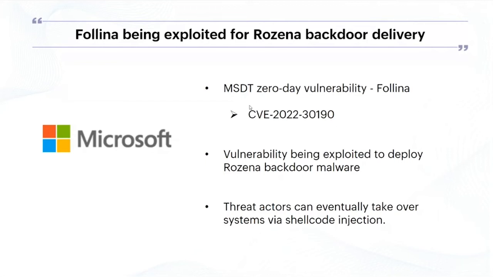Researchers have claimed that Rozena eventually allows the attackers to take over the system via shellcode injection. Hence, it is highly recommended to patch the vulnerability if you haven't yet, and also to take precautionary steps against phishing emails.